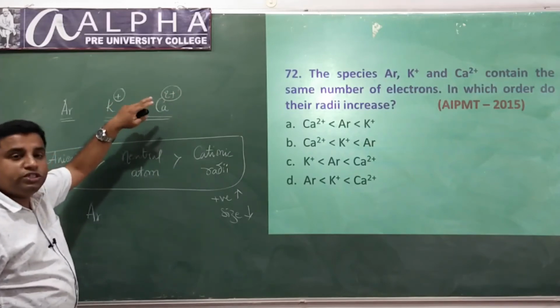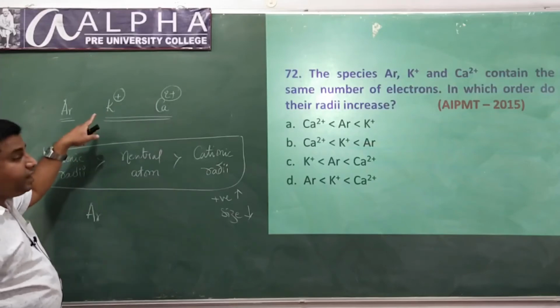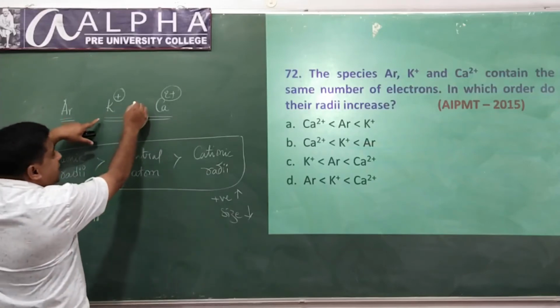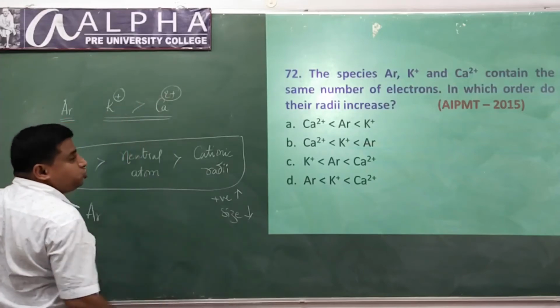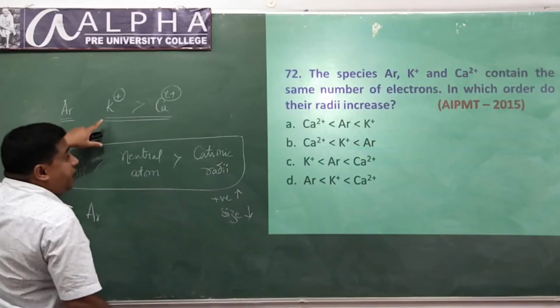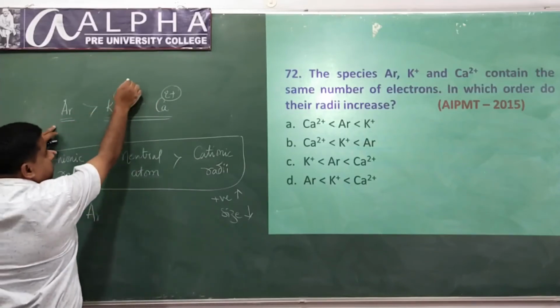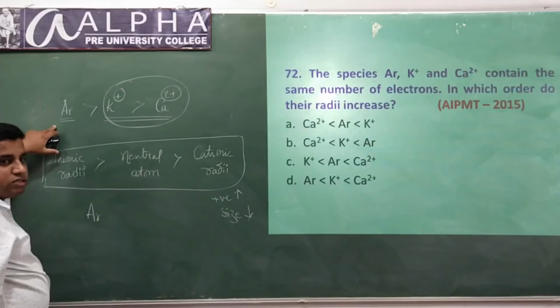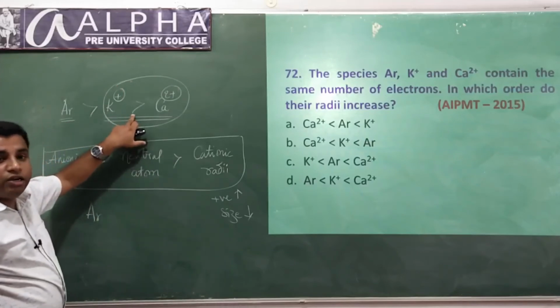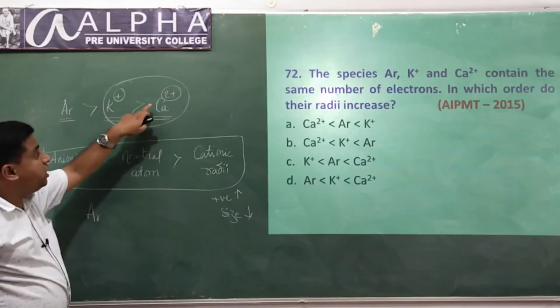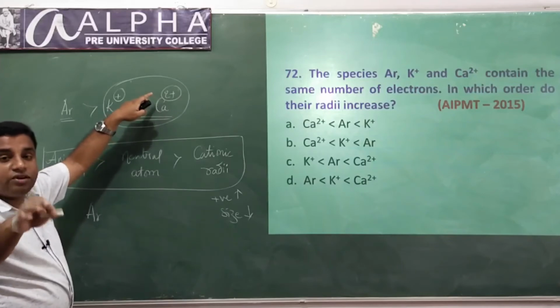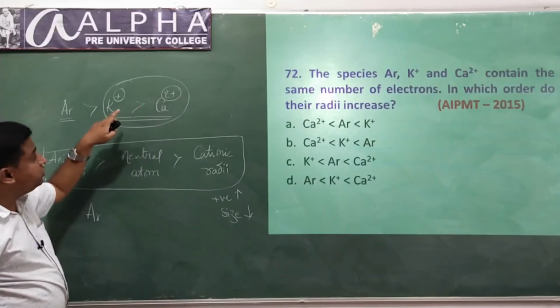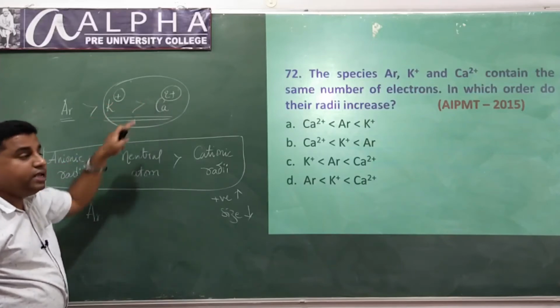So K plus ion is bigger than Ca2 plus. Argon is bigger than the cations, and among cations, higher the positive charge, lesser will be the ionic size.